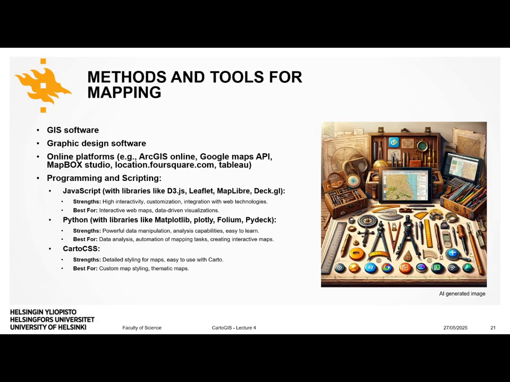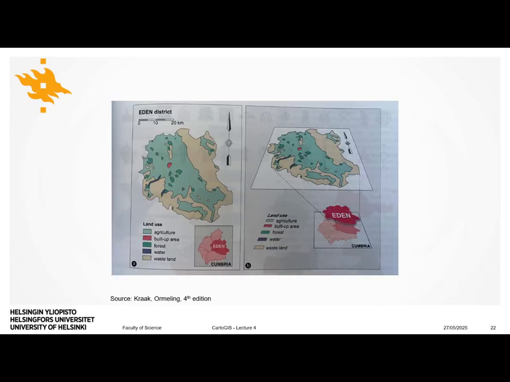There are online platforms for making maps that we already mentioned. There's programming that we also talked about. Yeah, so this is an example from one of the cartographic books in this course, and this is just an example of the same map. So probably if you just use QGIS or ArcGIS, you will end up with this kind of map.